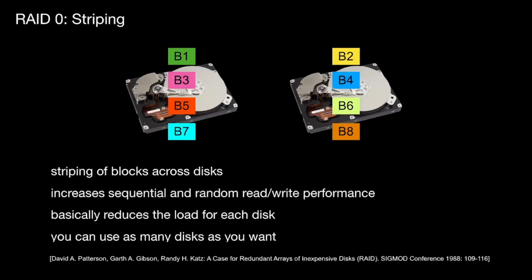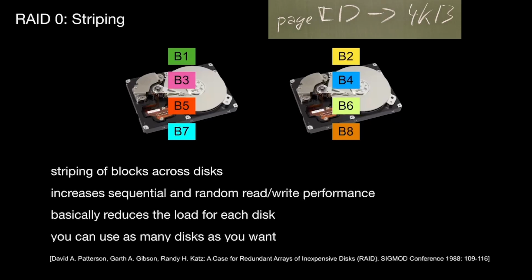And again, I will use the abstraction of a page or block. I introduced that last time. We had this mapping. Let me put it on the board again. We have some sort of ID, a page ID, and that maps to some sort of storage, a chunk of bytes, typically 4 kilobytes.